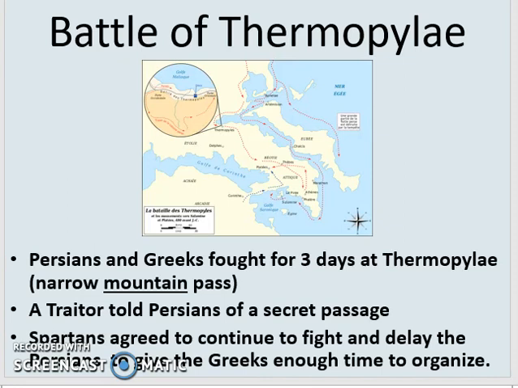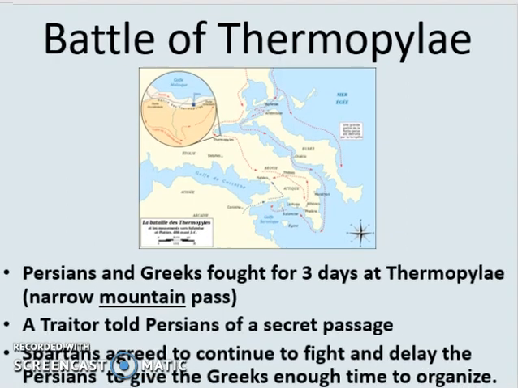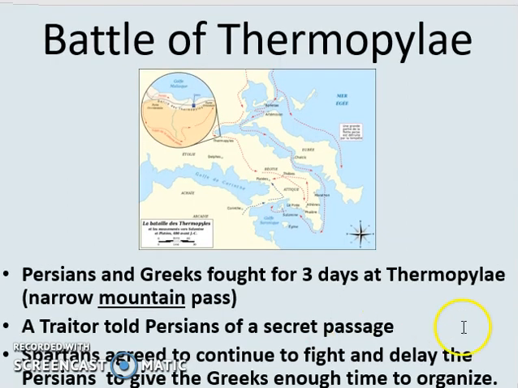Now, according to the movie, there were only 300 Spartans. That is not true. There were 300 Spartans, but there were also 2,000 other soldiers who were fighting with them. And so these 2,300 soldiers, including the 300 Spartans, were up against 100,000 to 300,000 enemies. So what they did is they kind of funneled the Persians into the space because it was so narrow.